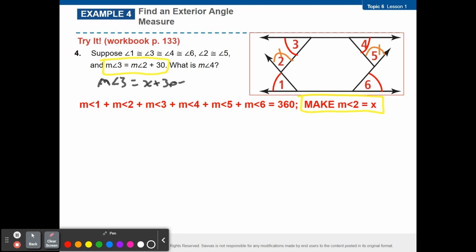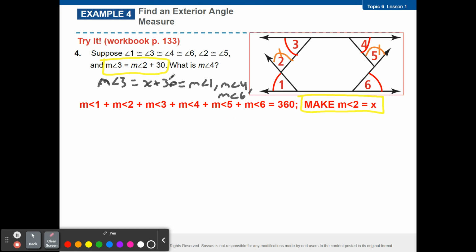But that also means that the measure of angle 1 is going to be that, along with the measure of angle 4 and 6. While the measure of angle 2 is going to be x.